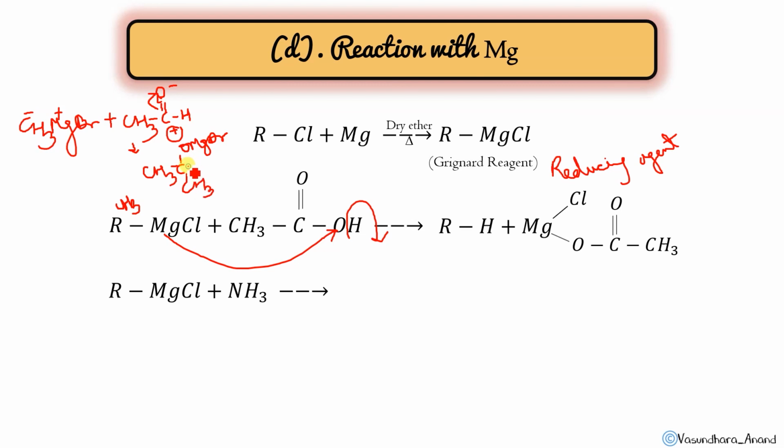And here H. When we do further hydrolysis, this MgBr will give you MgOHBr like this. ये compound बन जाएगा Mg OH Br. This will be the side product, and the main product will be what?